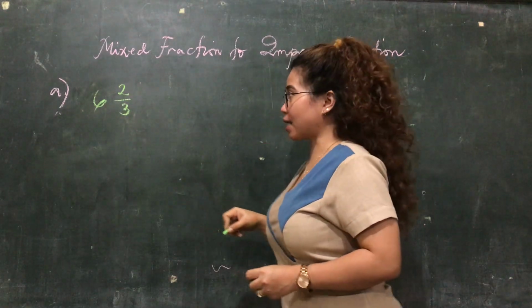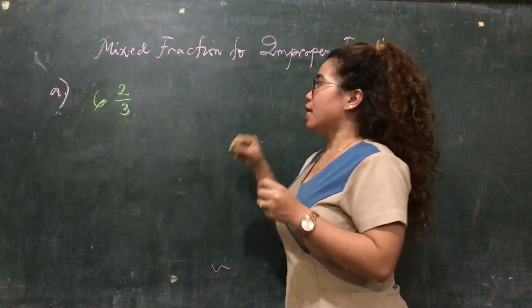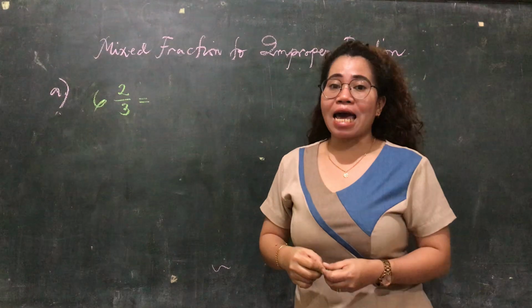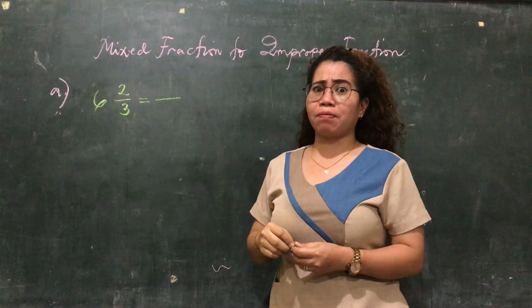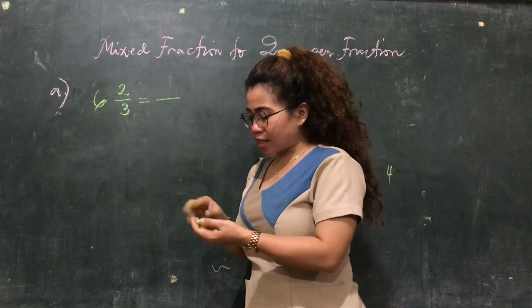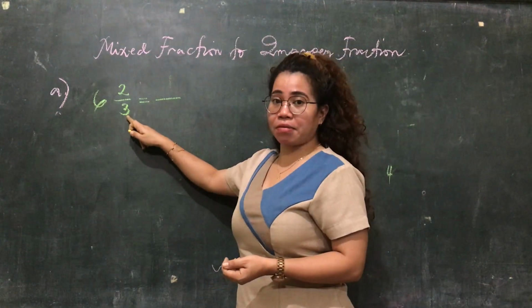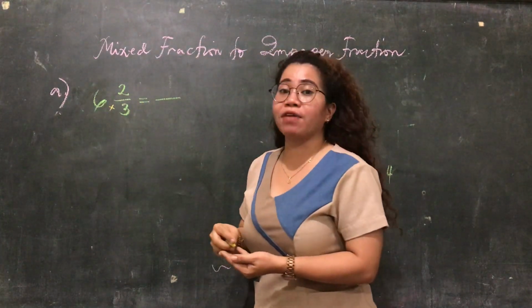How do we transform it into an improper fraction? Write an equal sign, and then a bar. The first step is to multiply the denominator by the whole number. 3 times 6, you have 18.